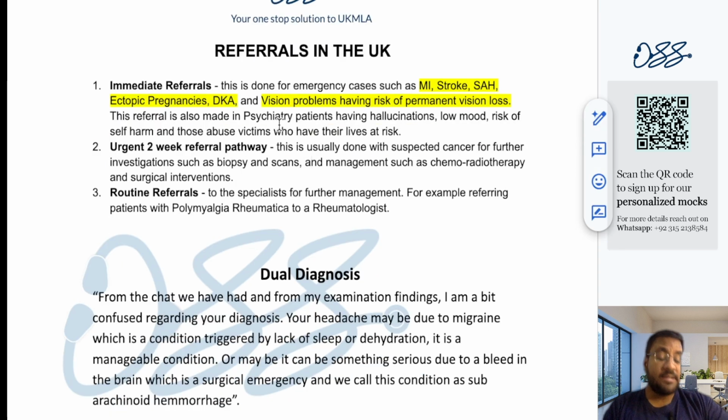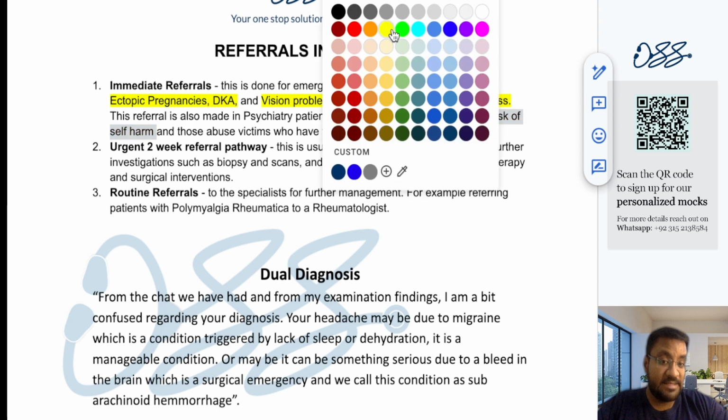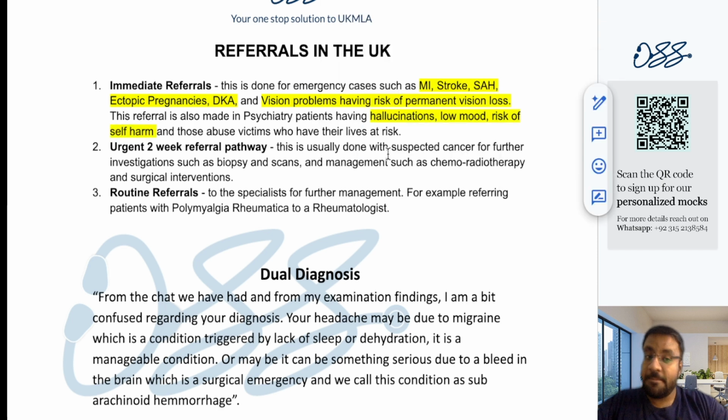Other than that, there are a few red flags that you need to identify in psychiatric patients, for example, hallucinations, low mood, and risk of self harm. These are the three red flags that are very commonly seen in psychiatric patients: somebody having hallucinations, somebody having a low mood, and somebody having a risk of self harm.